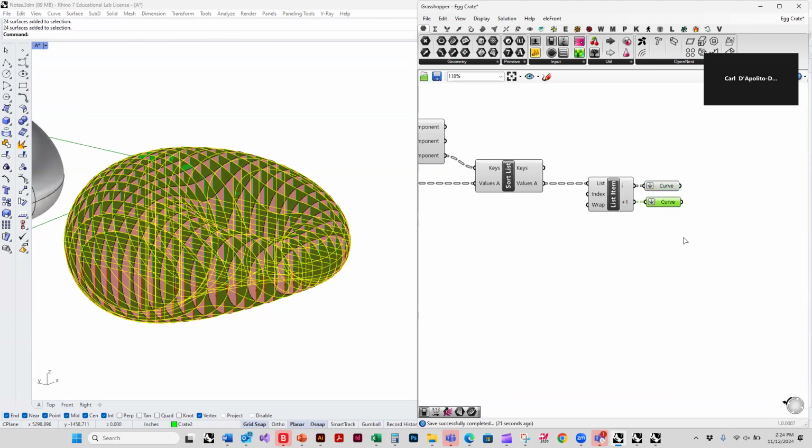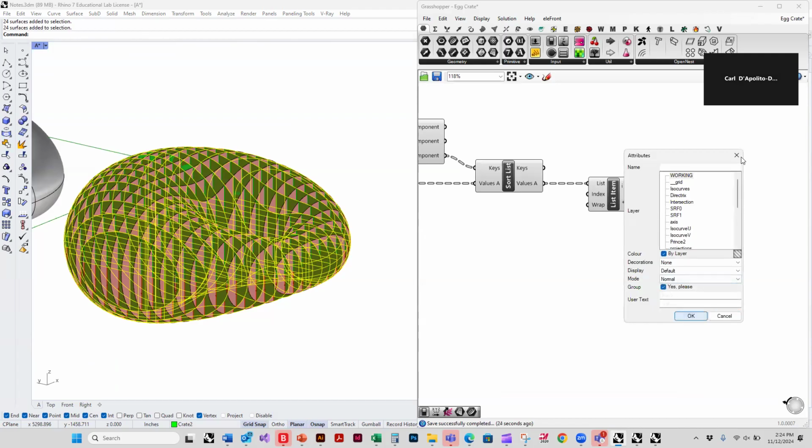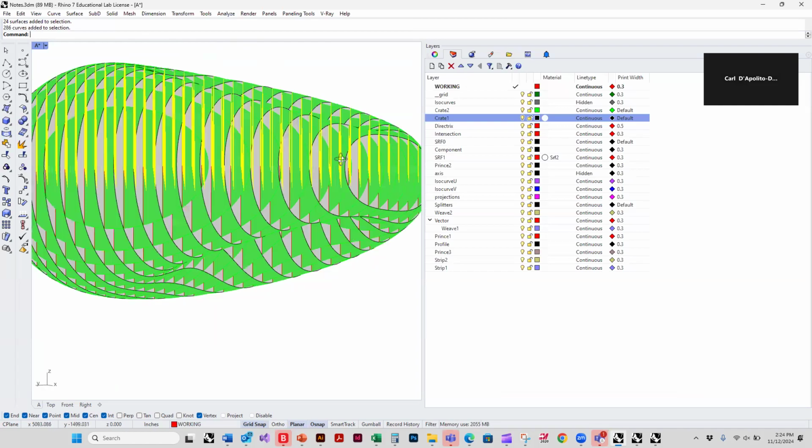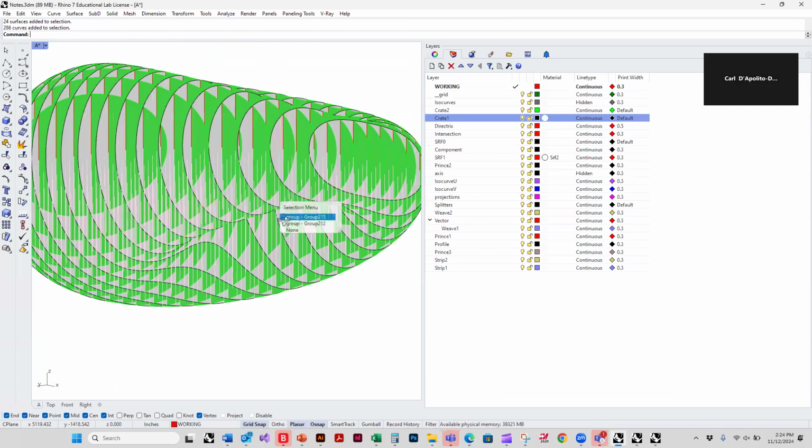So if you bake those, it gives you half the intersection like that and half the intersection like that.